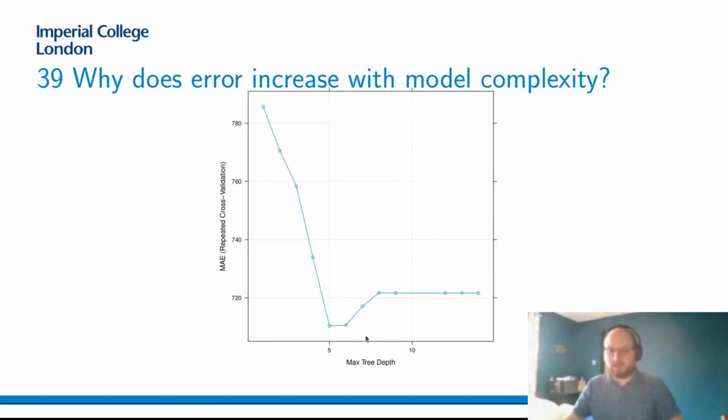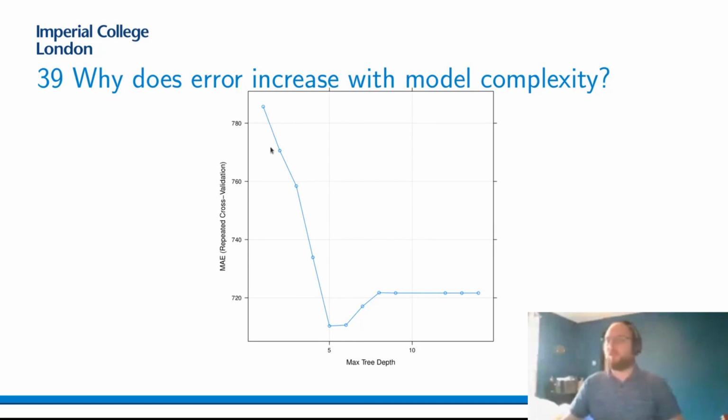And this is the sweet spot for this rpart model: a max depth of 5. If you have more than five layers in your decision tree, you just start overfitting the model. You're fitting to the noise in the data rather than the real underlying relationships.